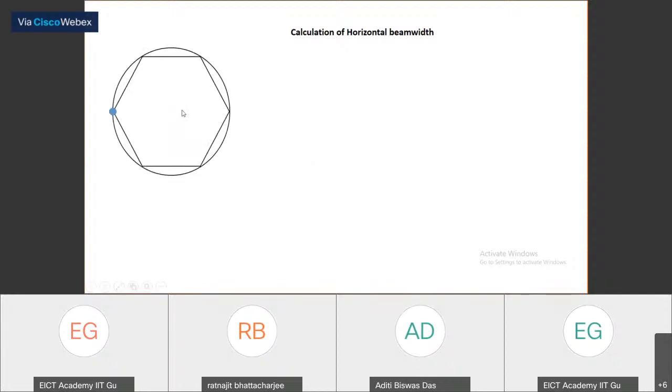So what we can do is think of this hexagon as a circle, the superscribed circle to this hexagon. If this side of the hexagon is R, then what will be the diameter of this circle? It is going to be twice R. All right.